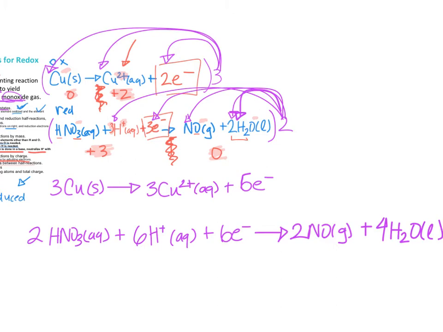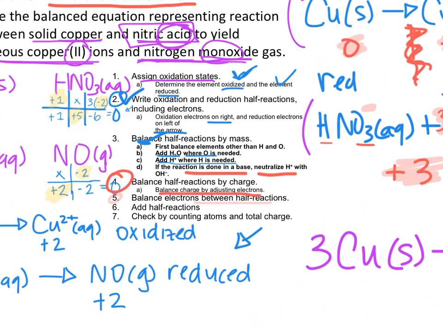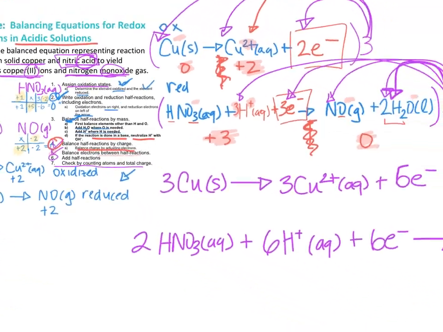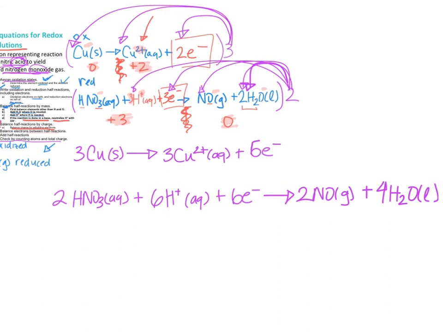So our next step is to add our half reactions. We have balanced, we have done all of these steps. We are going to add our half reactions and we're going to double check everything at the end. When you add these up, all your reactants will go on one side, all your products on the other side.